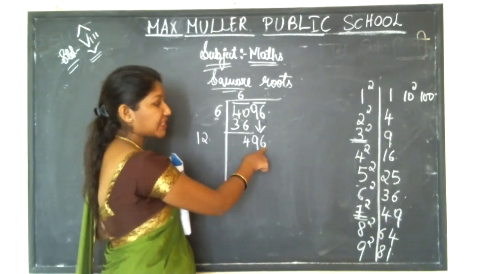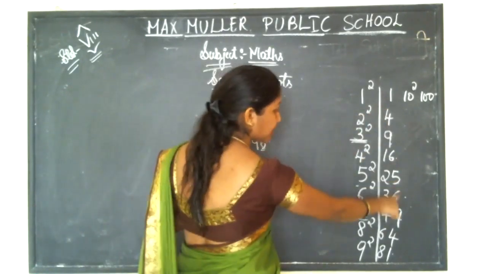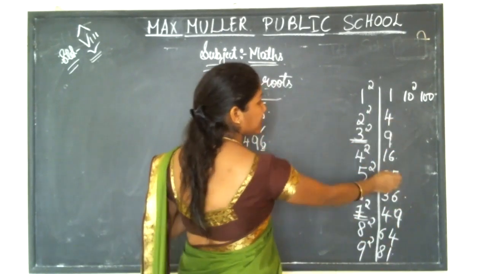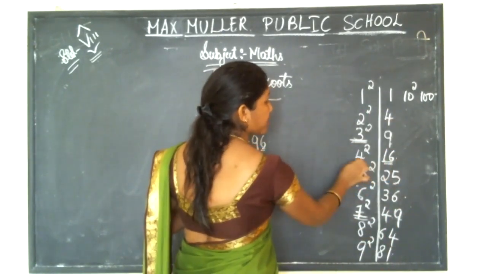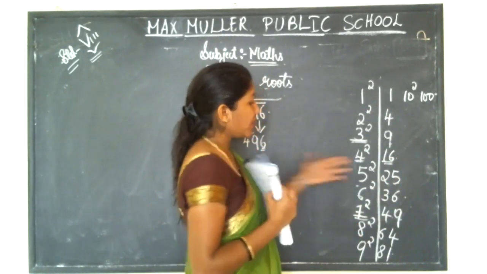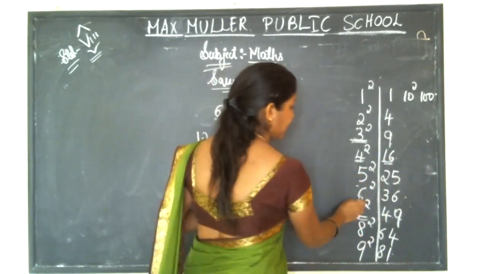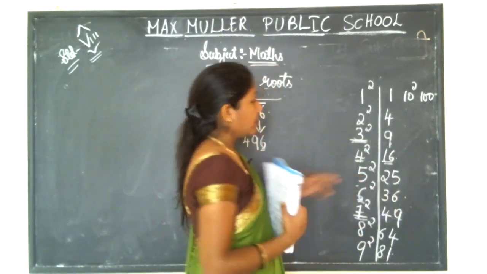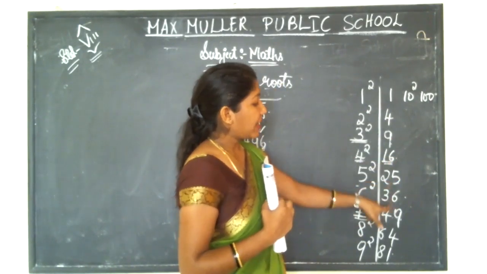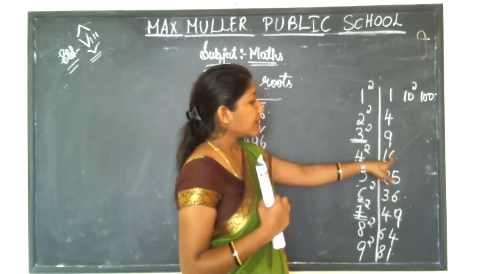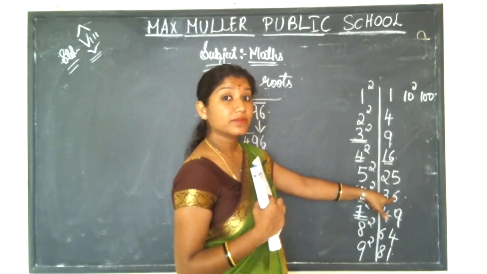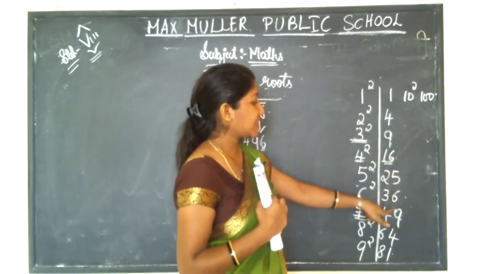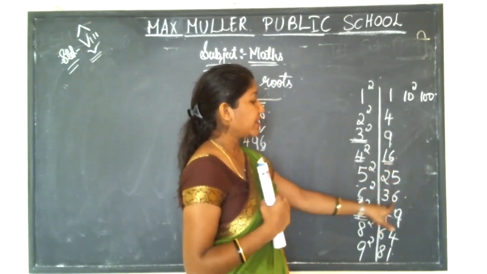Next, 6. You see the last digit with 6. That is nothing but 4 and 6. Only 4 and 6 have the square numbers ending in 6, 16 and 36.